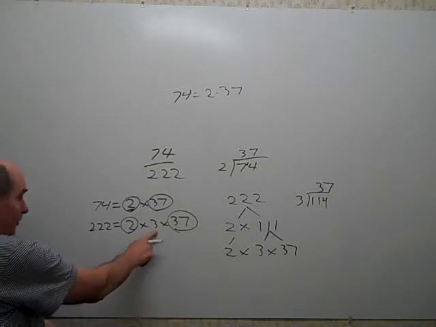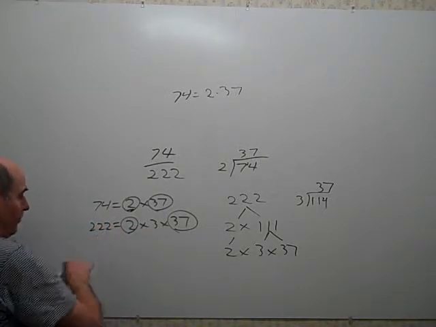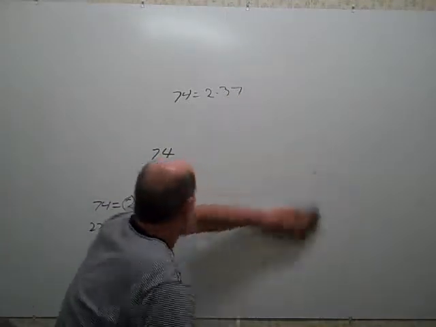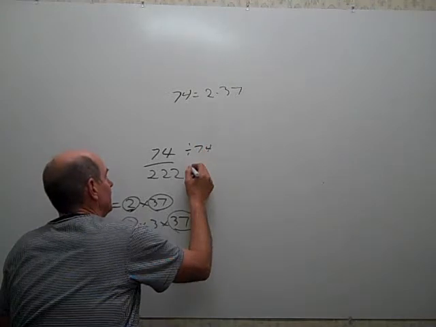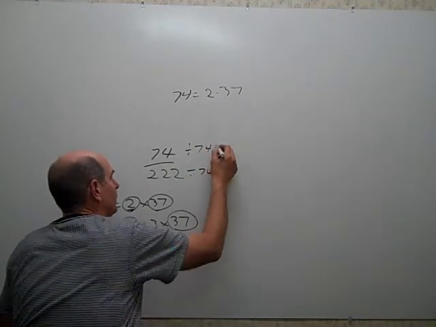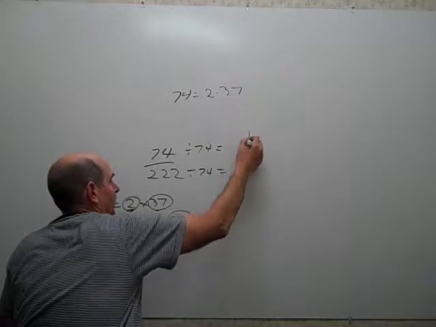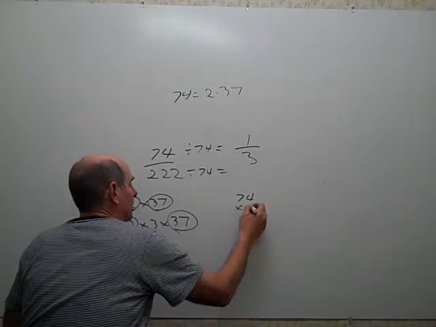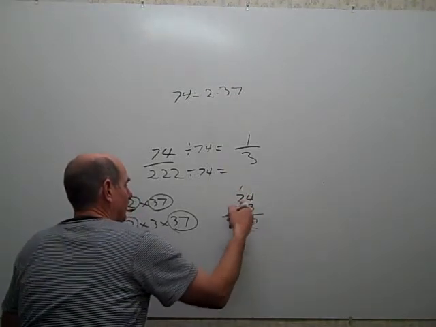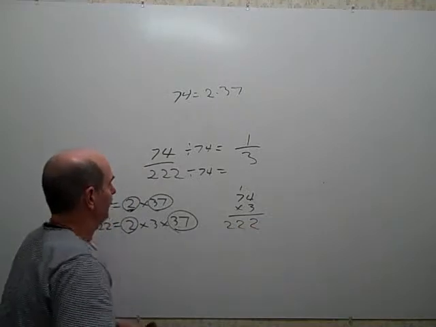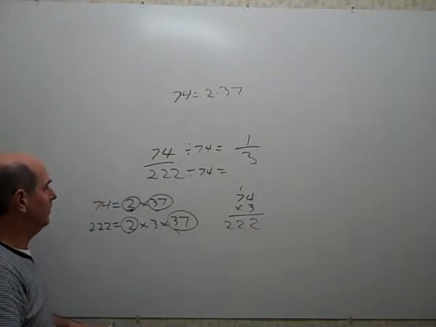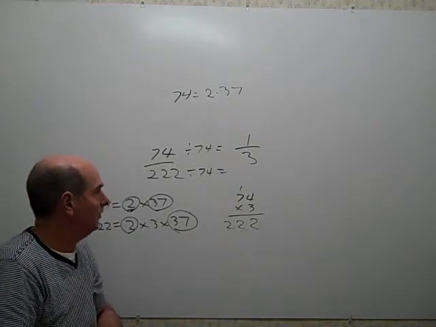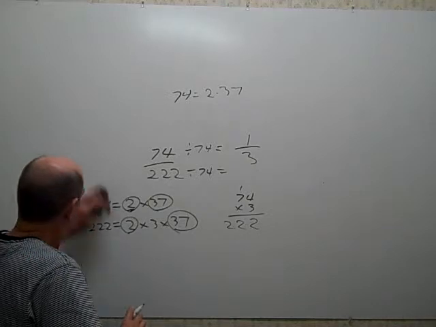And I can tell by this, 74 is going to go into 222 3 times evenly. So if I want to reduce the fraction, I can divide the numerator by 74, and divide the denominator by 74, and I'm going to get 1 over 3. Just to prove it, 74 times 3: 12, 3 times 7 is 21, plus 1 more, that's 222. So that one wasn't a real obvious one. But using the prime factorization, greatest common factor method, we're pretty good with that one.